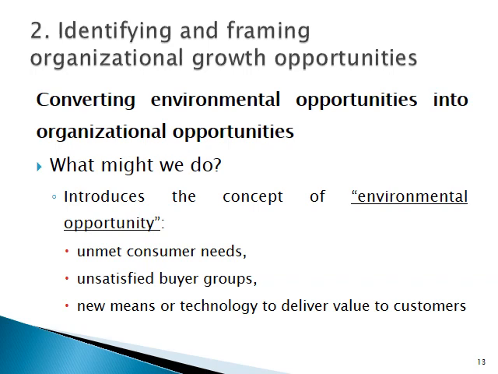And then you have to pick up new means or technology to deliver the value to the customer. It's not only identifying that the customers are available, you have to pick up a new technology to deliver your flowers to those customers.